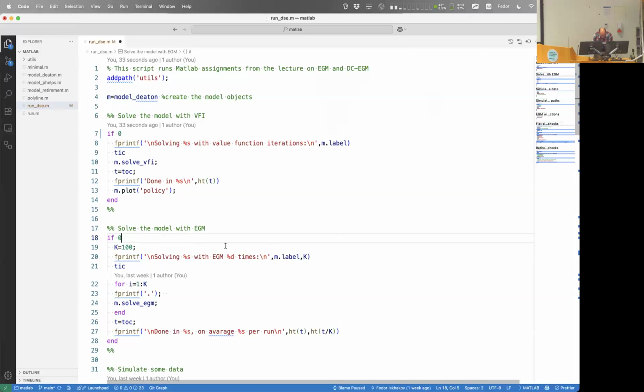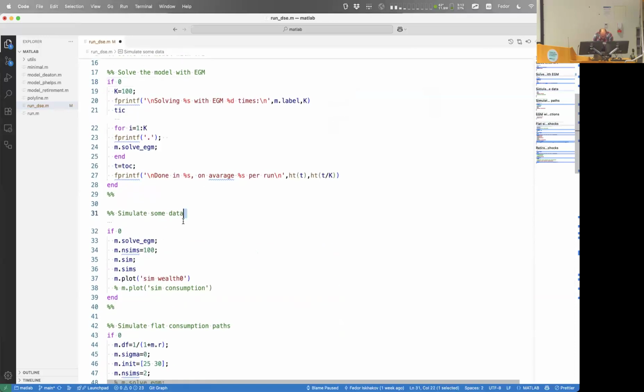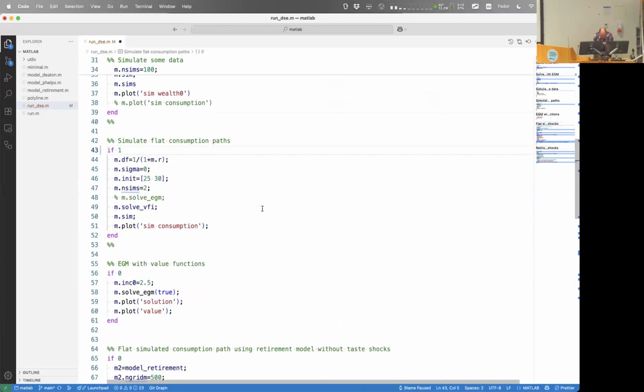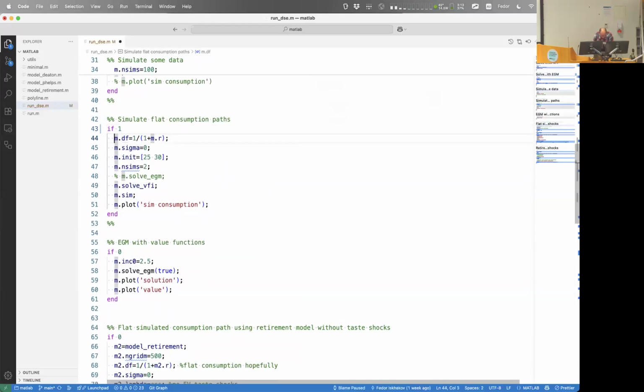And let me just do the following exercise here. You can see that we're changing parameters of the model in such a way that the discount factor exactly equals 1 over 1 plus R. This is deterministic interest. And this is the case where the Euler equation predicts completely flat consumption paths, right?